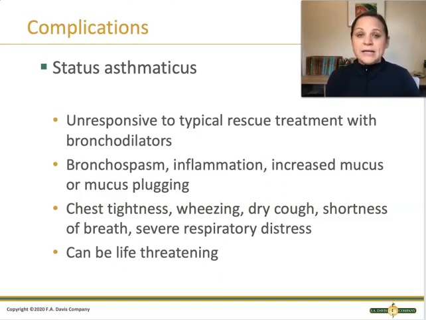The patients will complain of chest tightness, wheezing. They'll have this dry cough from the bronchospasm. They'll have shortness of breath, severe respiratory distress. They may appear very anxious. They may be diaphoretic. They may not even be able to speak more than a word or two. And this can be life-threatening if interventions are not done swiftly.